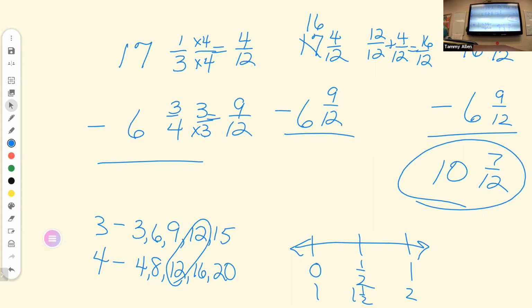Okay, yeah, please help. I can't see it, that's why.